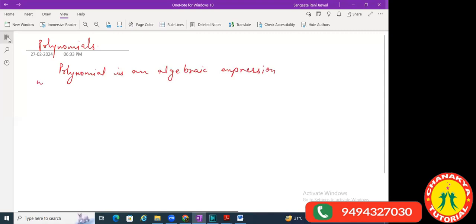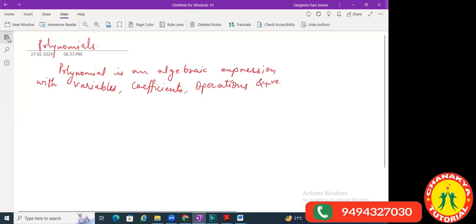With variables, coefficients, operations. वो साइंटिफिक ऑपरेशंस नहीं, मैं कह रही हूँ बायोलॉजी वाले ऑपरेशंस नहीं, घबराओ नहीं. These are mathematical operations.